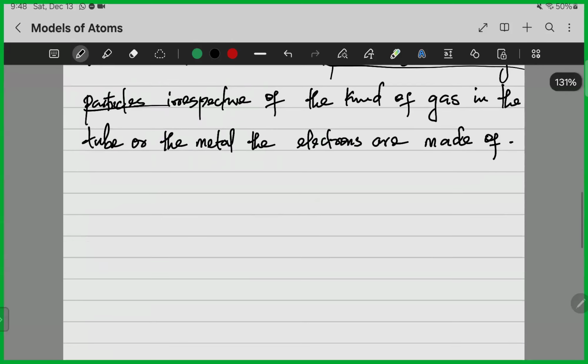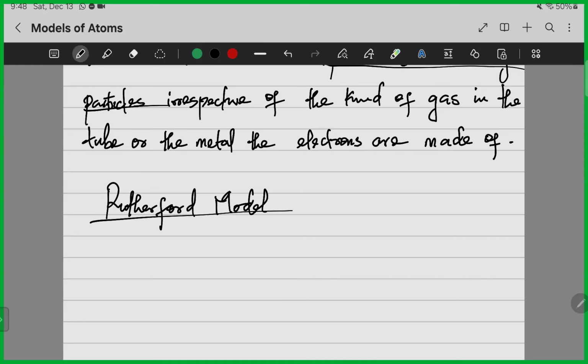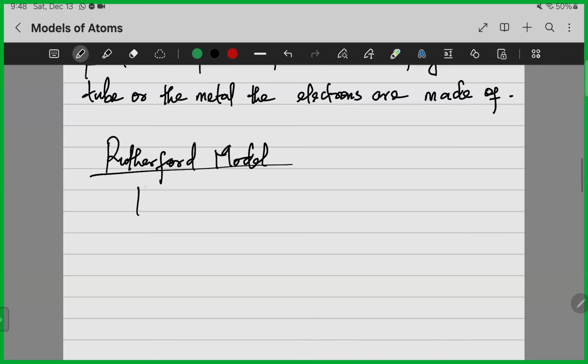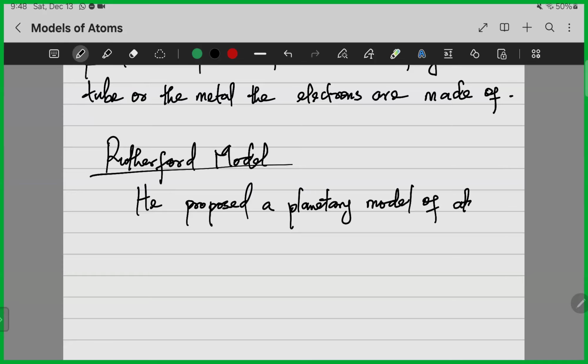We'll have a deep dive now into another model called the Rutherford model. He proposed a planetary model of atoms.